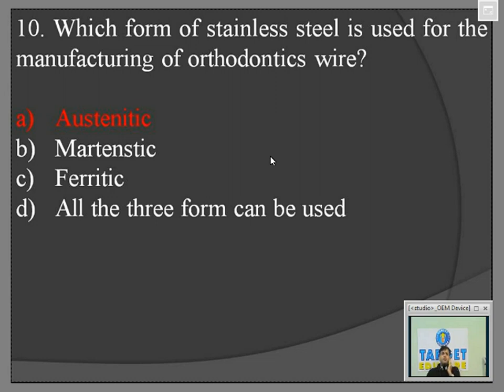When chromium is depleted from the boundaries, it becomes susceptible to tarnish and corrosion at the boundaries. So this process is called sensitization. Austenitic stainless steel is resistant to sensitization because some carbides are already added to the austenitic stainless steel to stabilize it. This is called stabilization. So now is the sensitization term clear?